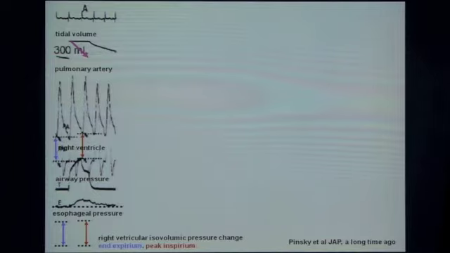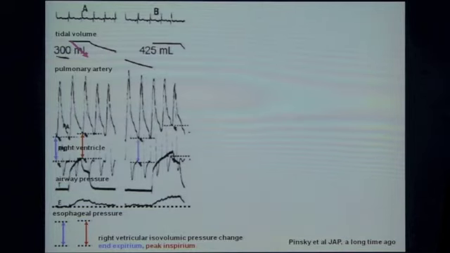That means the pressure that the right ventricle needs to create before the pulmonary artery valve opens. So that is the contraction that needs to be generated for the blood flow to start from the right ventricle. It is an indicator of right ventricular afterload.